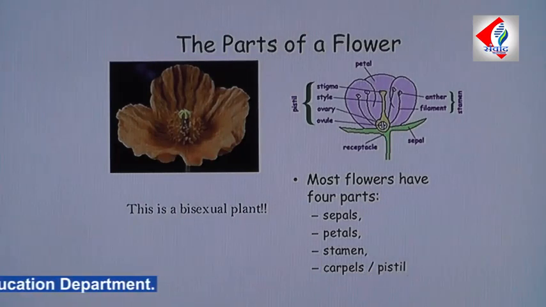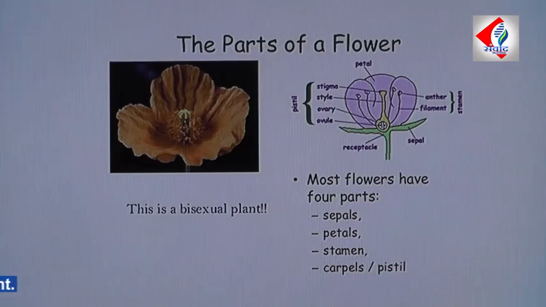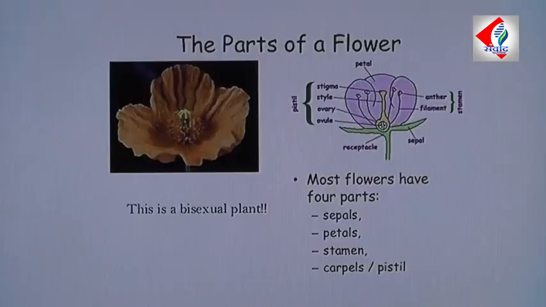Now before I teach the flower, I need to tell you about a flower which is unisexual and a flower which is bisexual. By the word itself, uni means it has only one reproductive organ. Bisexual means it has 2.